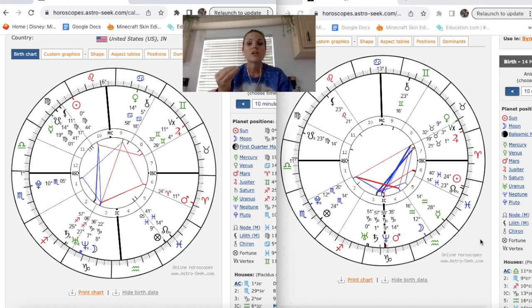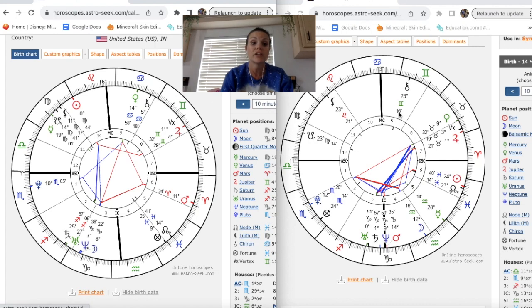These are great ways for us to be intentional with our relationships, doing research on how we can better understand our partner, so we can show them love and affection the way they most easily receive it based on their Venus sign. And it could be different than ours.